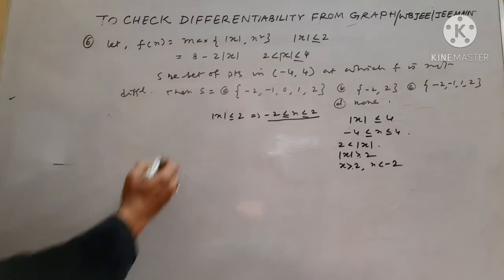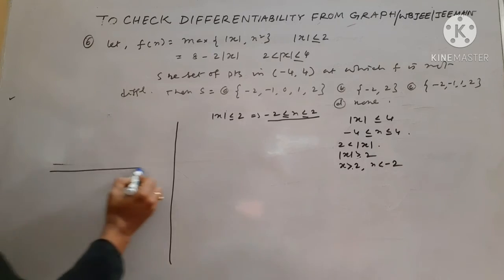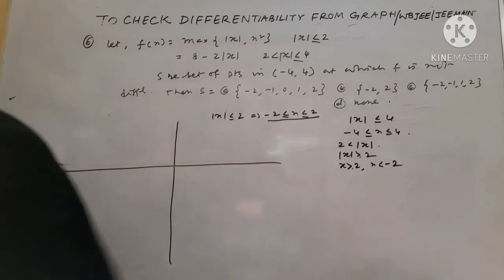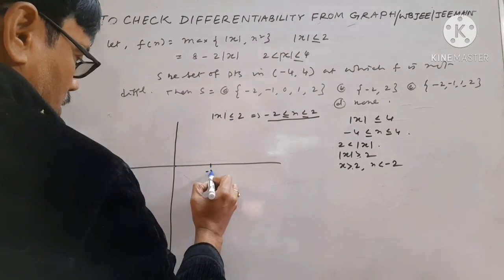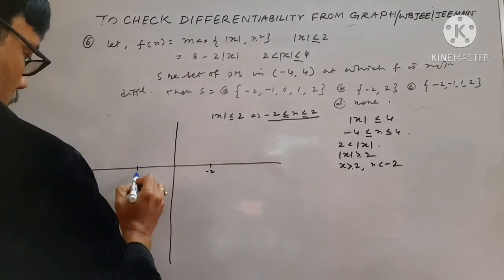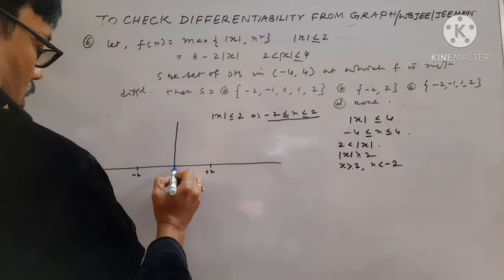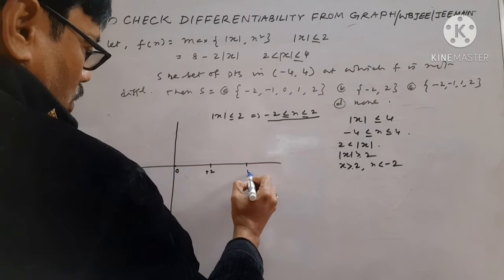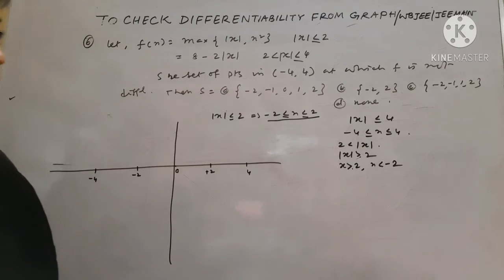So for the first one, the first restriction is minus 2 to plus 2. This is minus 2, this is plus 2, 0, this is 4, and this one is minus 4.